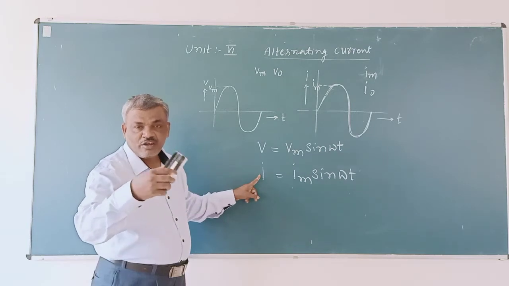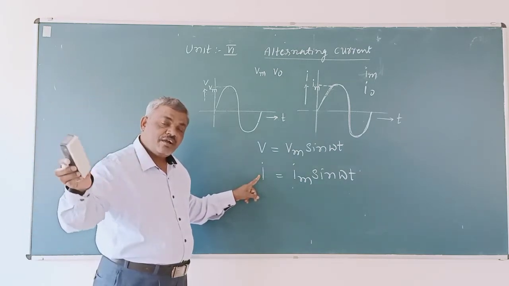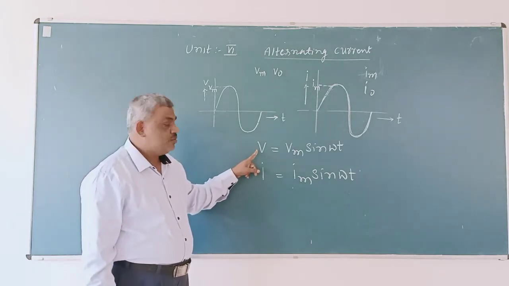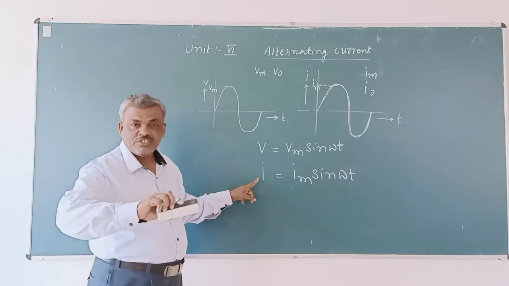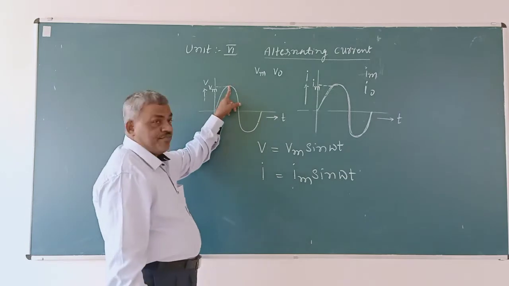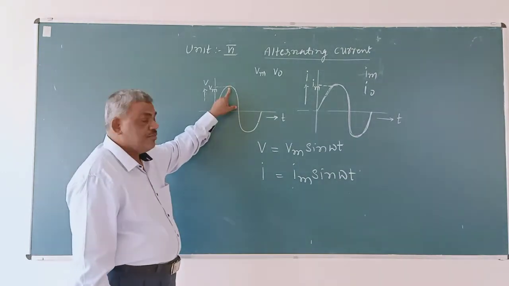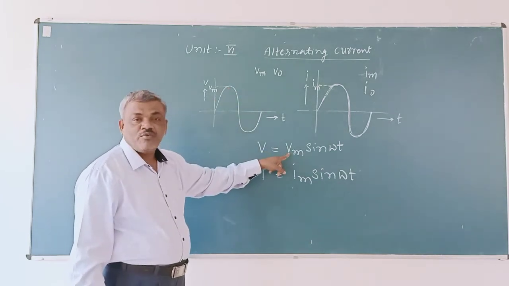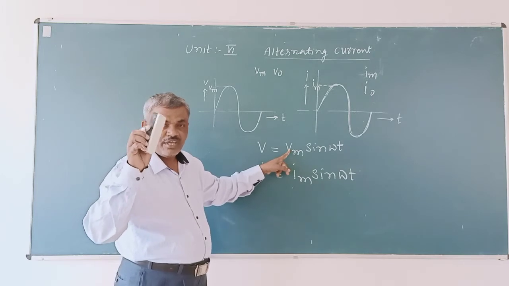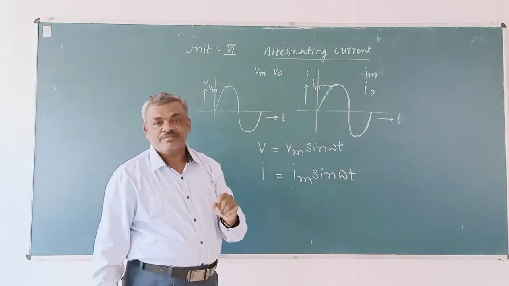I already told you that the value of alternating voltage at any instant of time is called the instantaneous value. Vm is the maximum or peak value of alternating voltage, and Im is the peak value of alternating current.